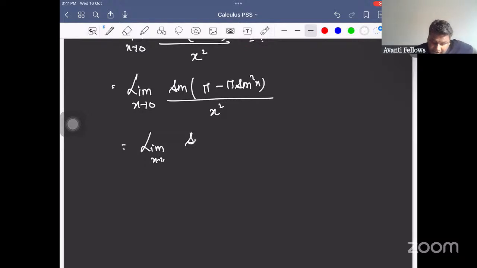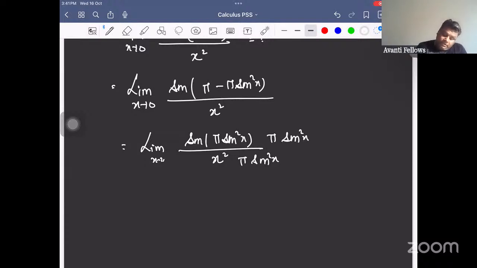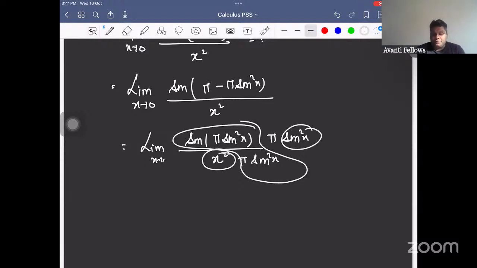So it will become sine of pi sine square x upon x square, divided by pi sine square x, multiplied by pi sine square x. So first of all, sine of this as x approaches 0, the value is 1. Then sine square x upon x square, again as x approaches 0, the value is 1. So the answer you are left with is pi. This is your correct answer. Got it?